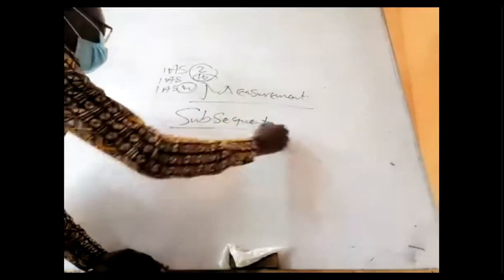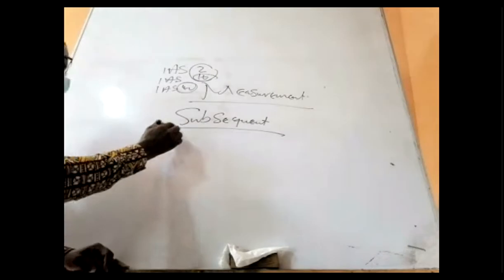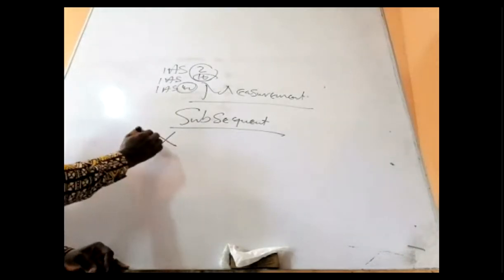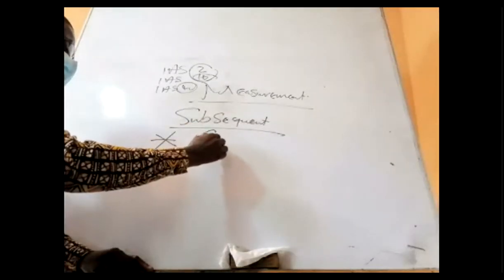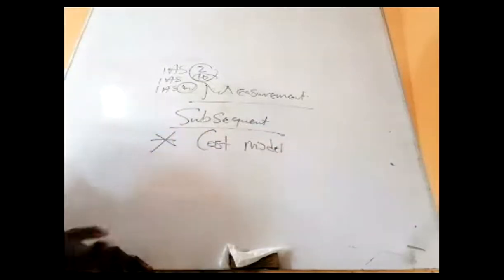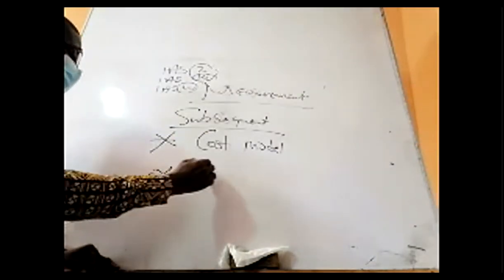Now, the entity has to choose between two models. Under IAS 40, the models are: number one, we have the cost model. Number two, we have the fair value model.